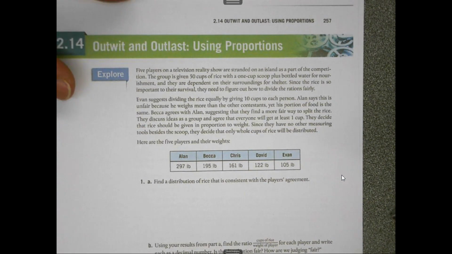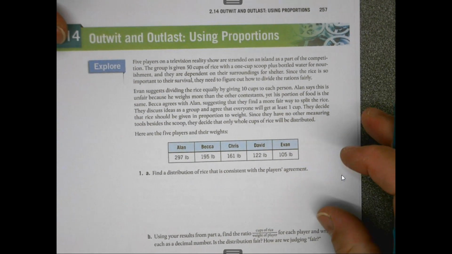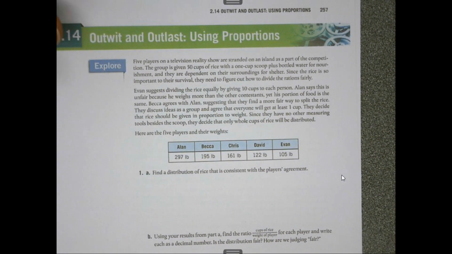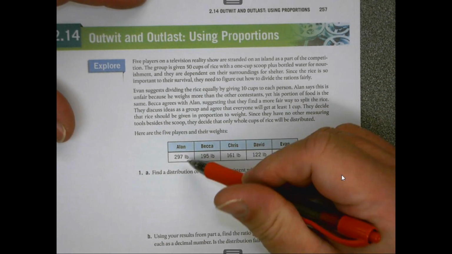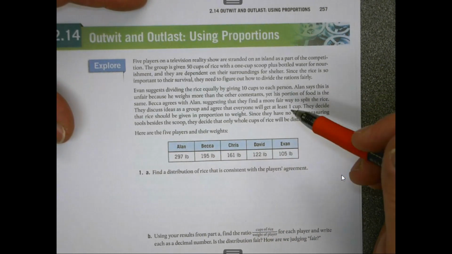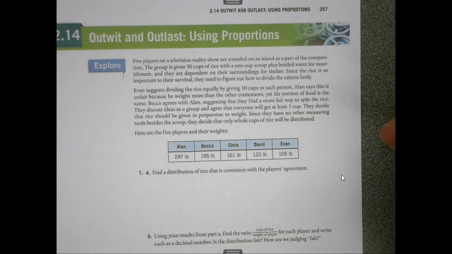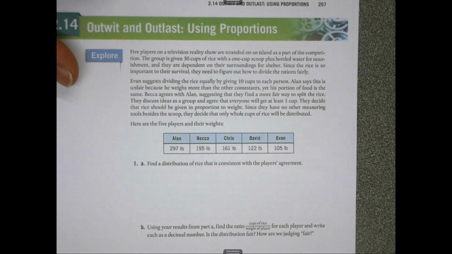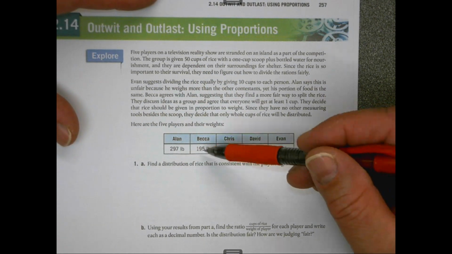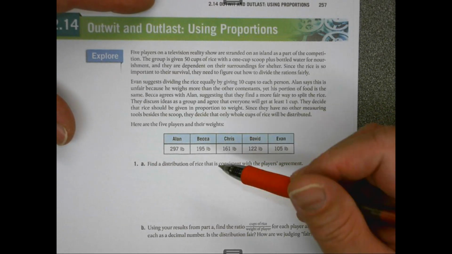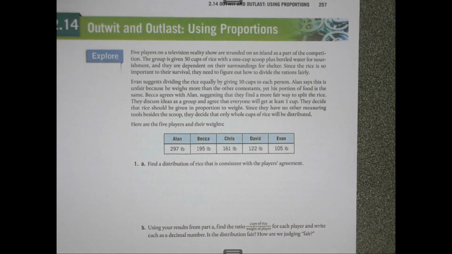So the best way I would go about this is I would find out how much of a cup per pound, and that gives me a scale, for lack of a better word, to use. Then multiply it by how many pounds each person has.